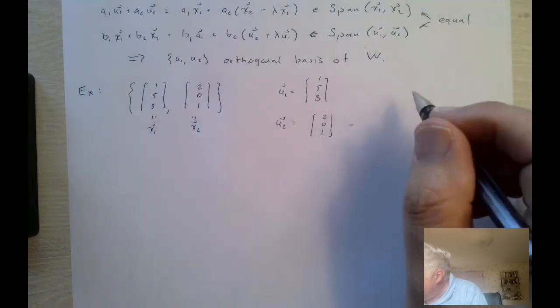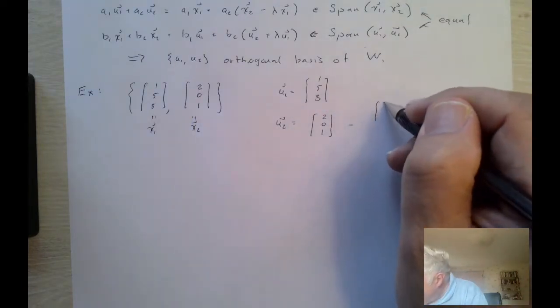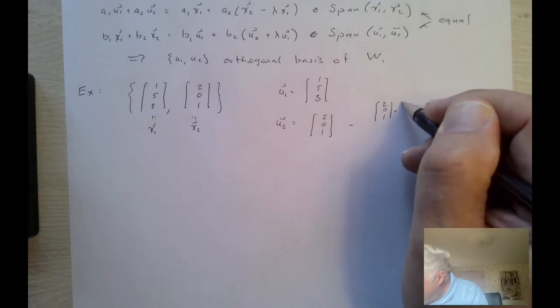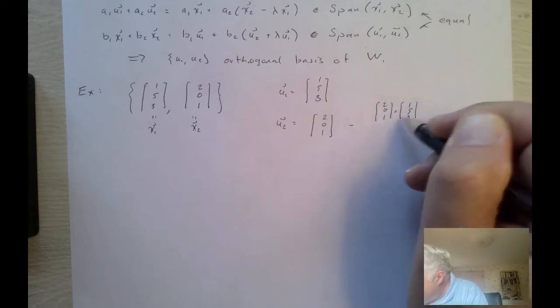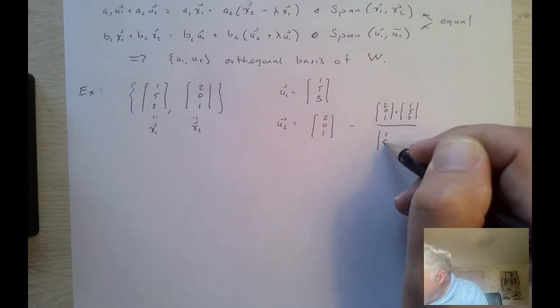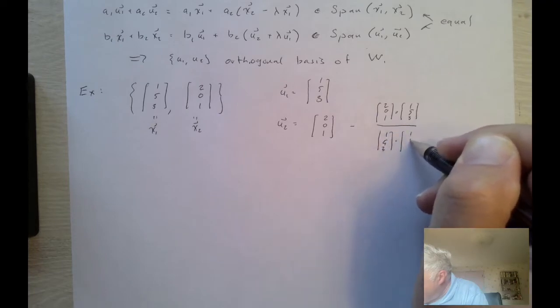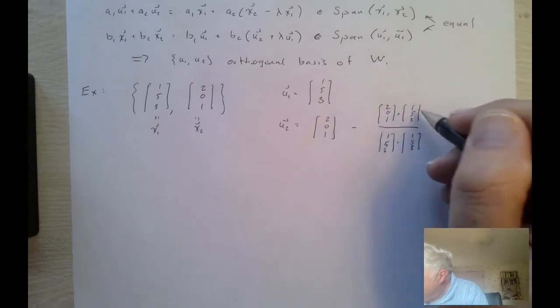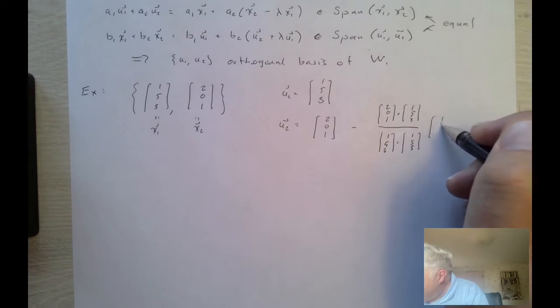So this would be 2, 0, 1 dot 1, 5, 3 over 1, 5, 3 dot 1, 5, 3, times 1, 5, 3.